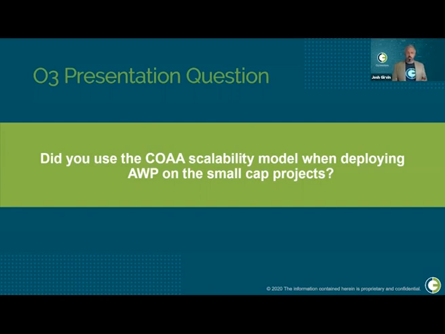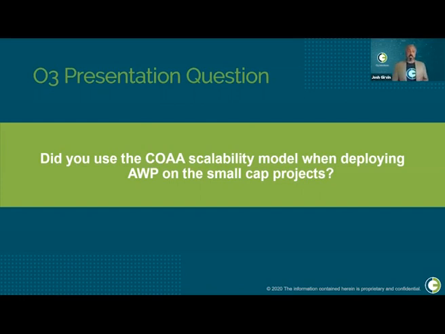But our experience after doing this with multiple owners on multiple facilities with hundreds of projects has taught us that really deploying AWP on small cap projects doesn't need to be thought of as a totally different approach than greenfield projects. The methodologies like the COAA scalability model can be helpful as a means of organizing your thoughts and thinking about your portfolio in categories.